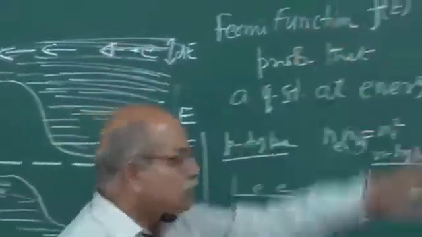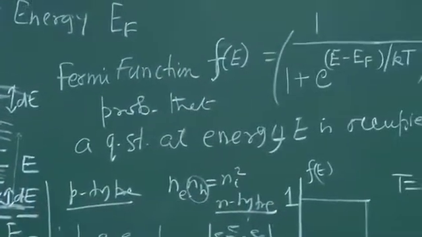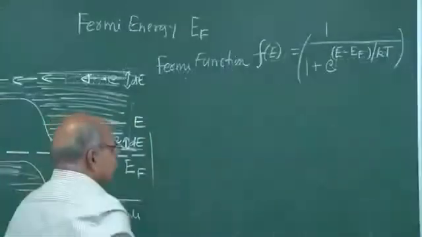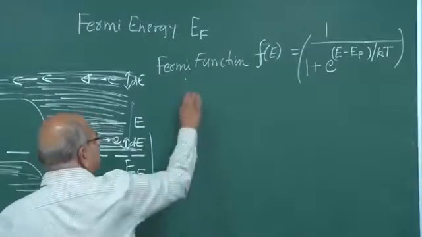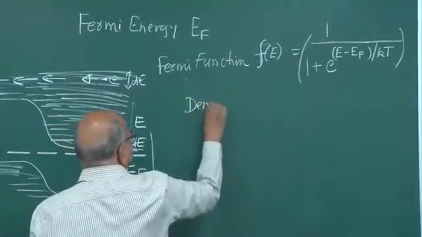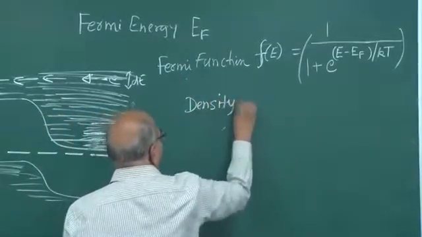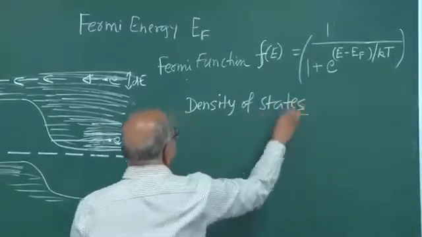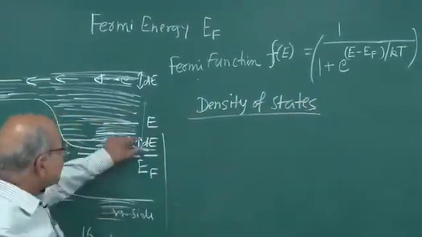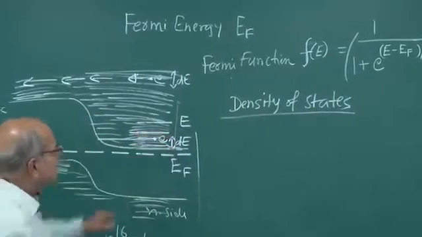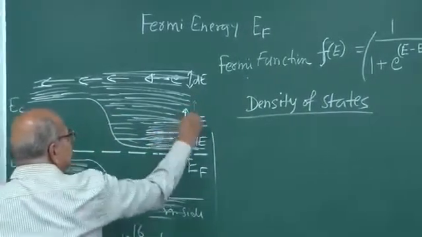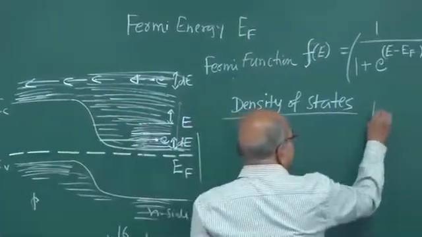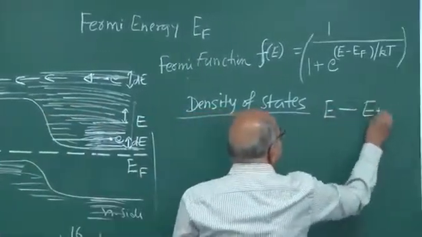This is the probability, and another thing which is needed is called the density of states. This is another very important concept. What is this? You take some band, some energy width dE at some energy E, from E to E plus dE.